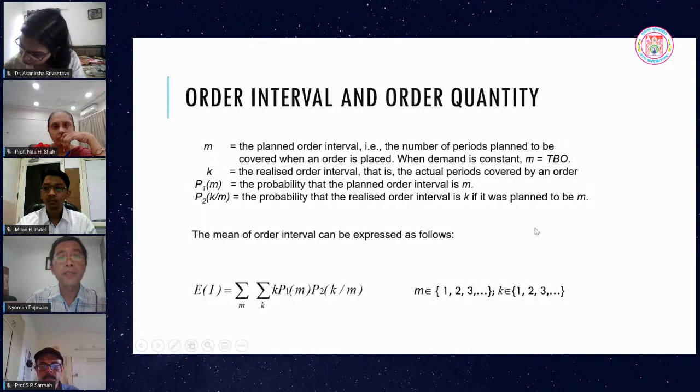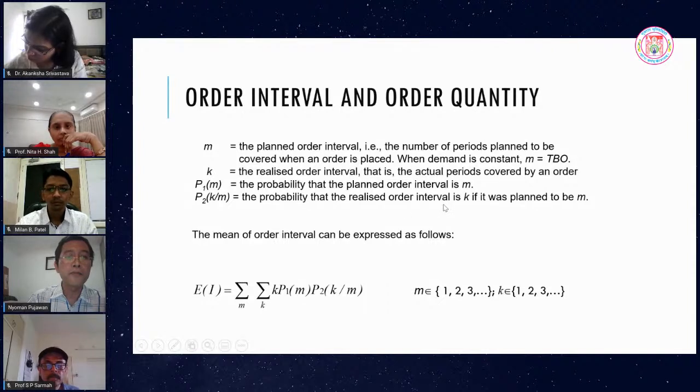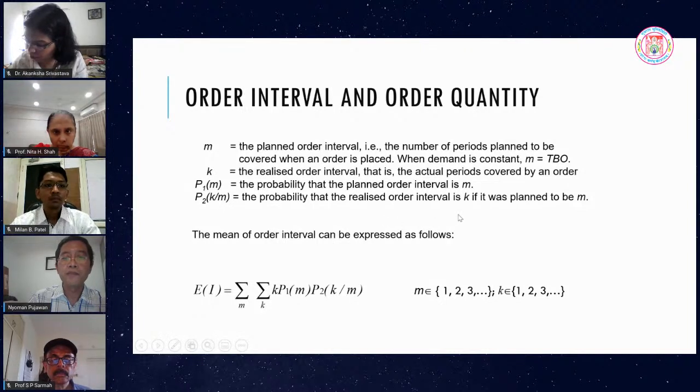We have been able to derive some of the analytical properties of the lot sizing rules. I'm not going to focus very much on the mathematical formulation here. Basically, you are differentiating between the planned order and the realized order. At the beginning, you probably plan to cover 3 periods of demand. Because your demand is uncertain, it is possible that you have to move forward your next order.